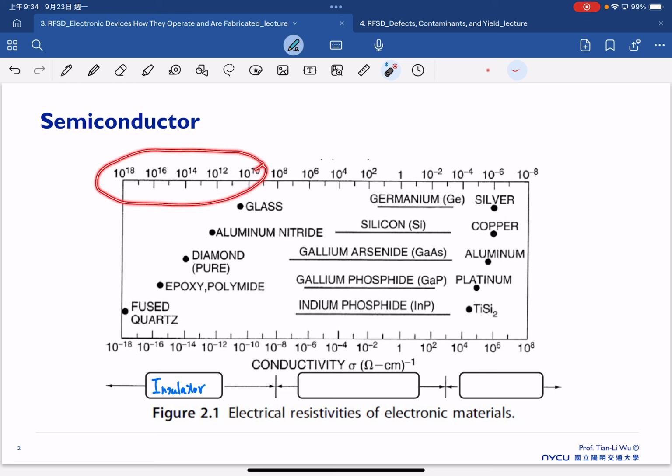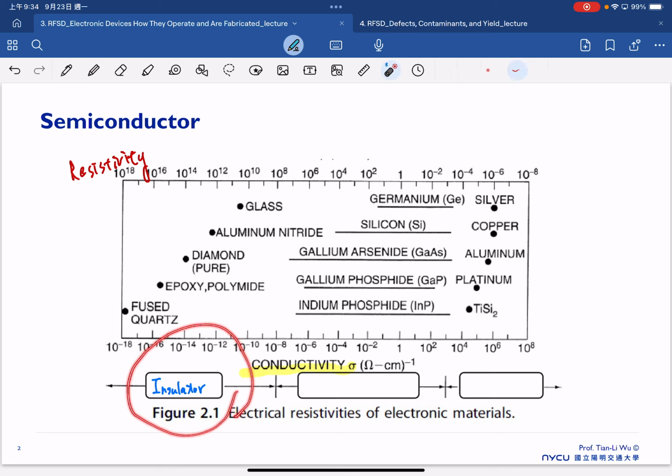So this is an axis related to the resistivity. And that also means that this is a material that has a very low conductivity. So basically, that's what we expect for the characteristic that insulator could have. So we have the insulator that should have the high resistivity, also the very low conductivity.